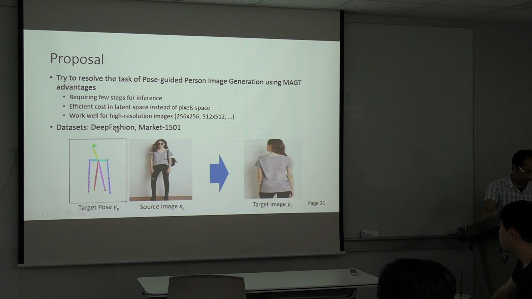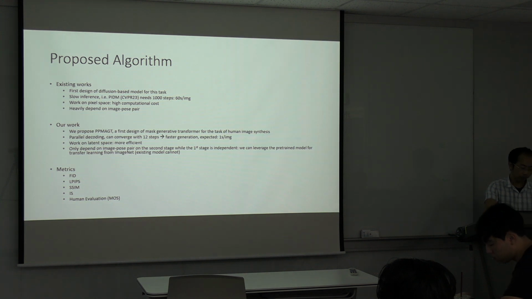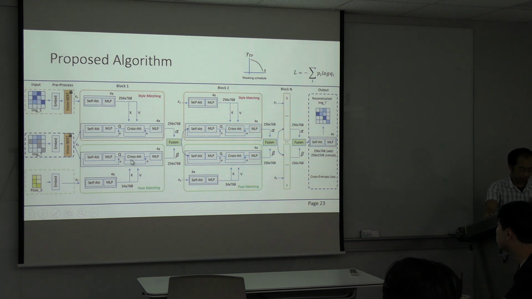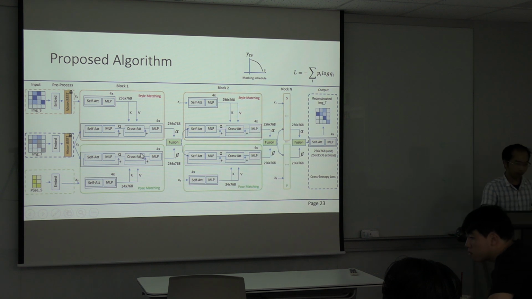I'm working on a different dataset. We only have around 50,000 images, so it's very limited training data. So with our approach, we can use the pre-trained model from ImageNet and use that for transfer learning.